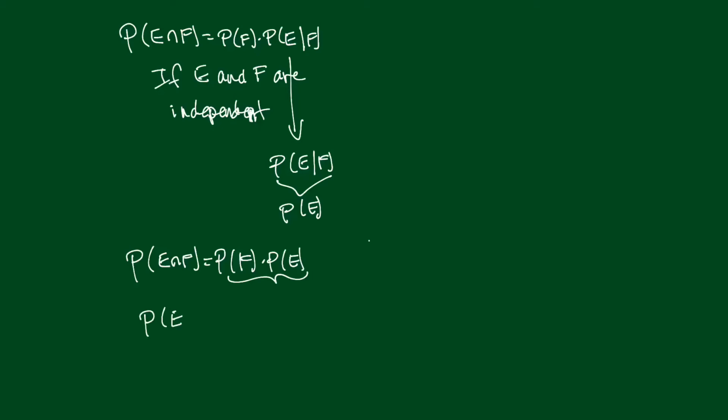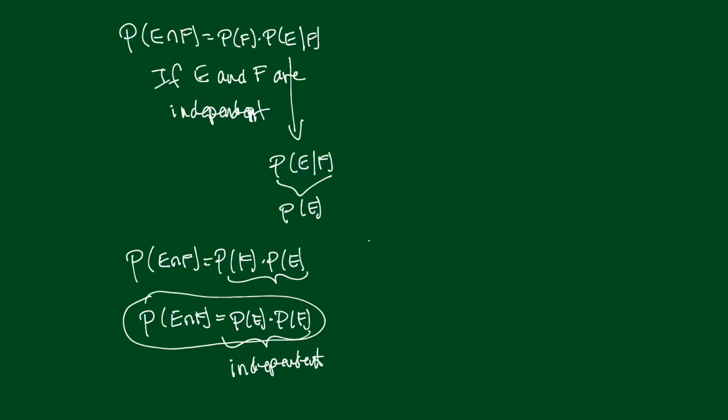The probability of E and F is equal to the probability of E times the probability of F. And this is going to be true if these two events are independent. So how do I know? I'd have to be told that the events are actually independent. Then, if they are, I could just use this multiplication formula.